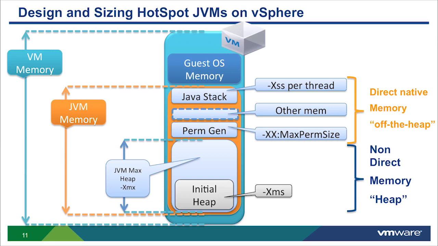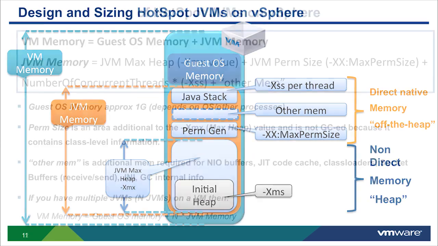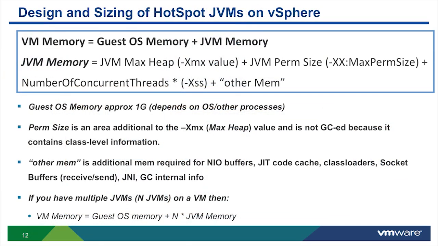So it turns out that we have this off-the-heap section and heap section. And again, Java developers don't really know much about that, but JVM deployers need to know quite a bit about it, because it is a section that you cannot ignore. So it turns out that the VM memory required is made up of guest OS memory and JVM memory.